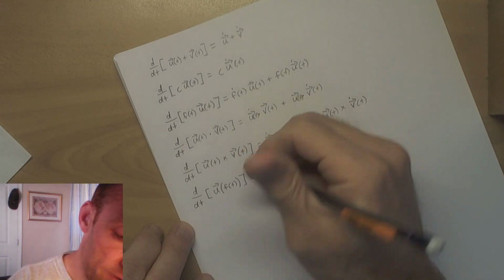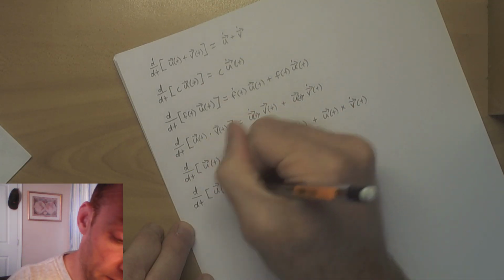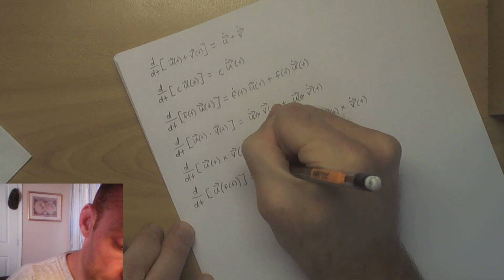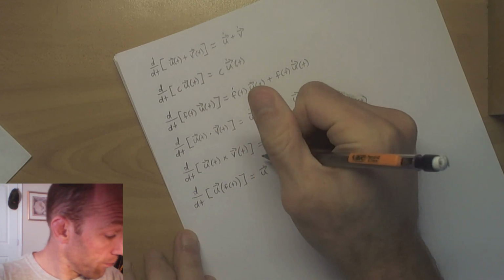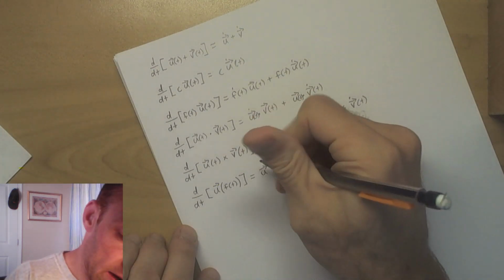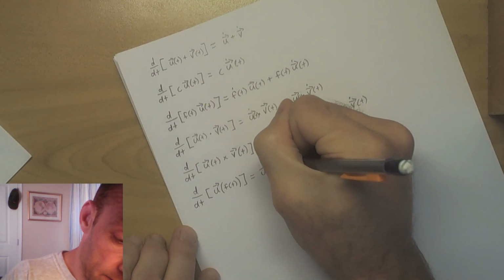So first thing I have to do is take the derivative of the vector function with respect to its argument.